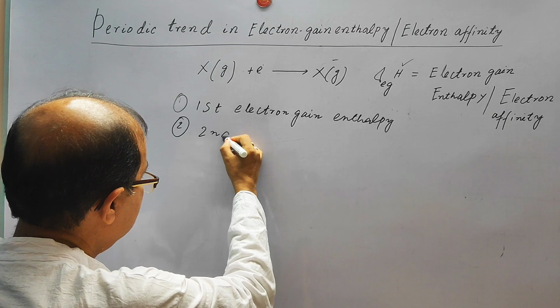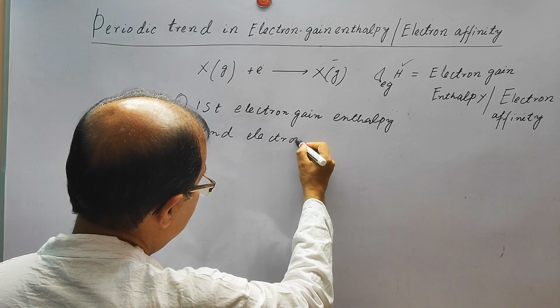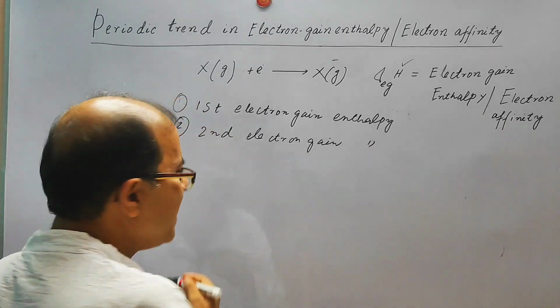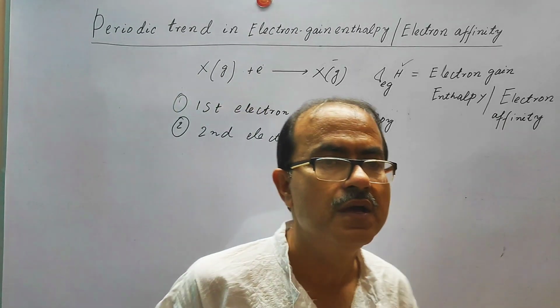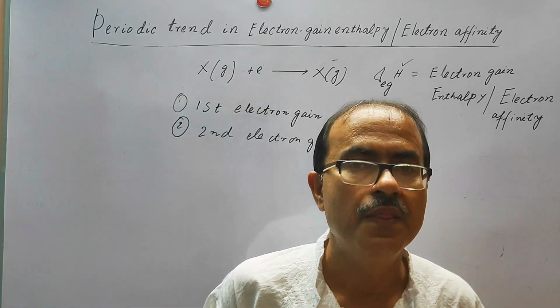When two electrons are put in this neutral atom, we will say that is the second electron gain enthalpy, and likewise numerous electron gain enthalpies are possible.